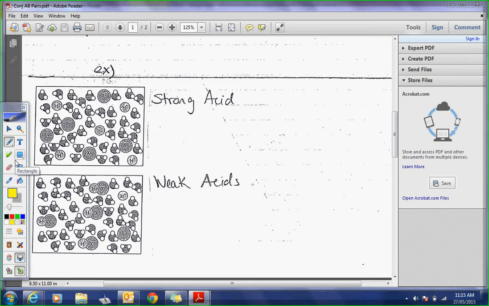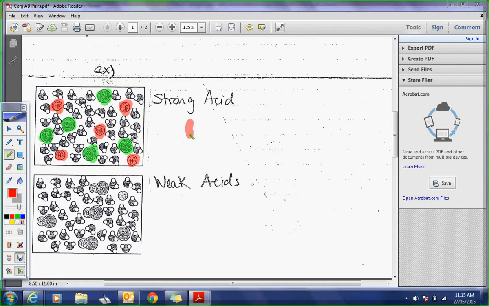So this is a picture diagram of a strong acid. This is a picture diagram of a weak acid. I really like to use this because it shows you in a little bit more picture diagrams. So this is, for example, a strong acid like HCl. So here's your Cl minuses, here's your H pluses.